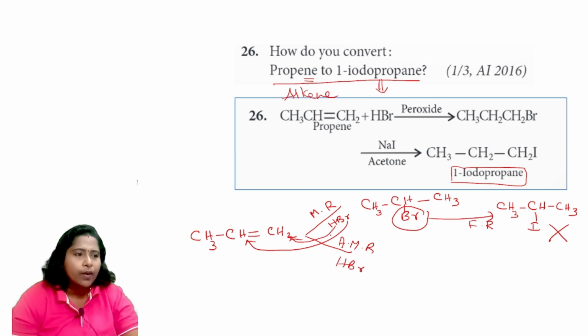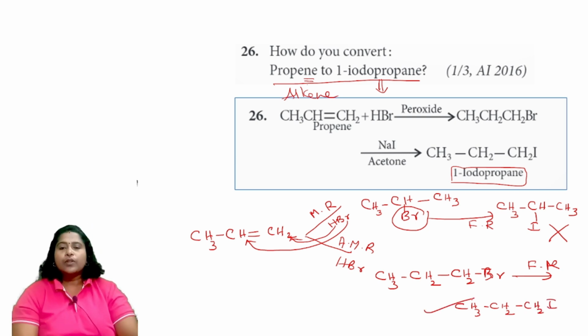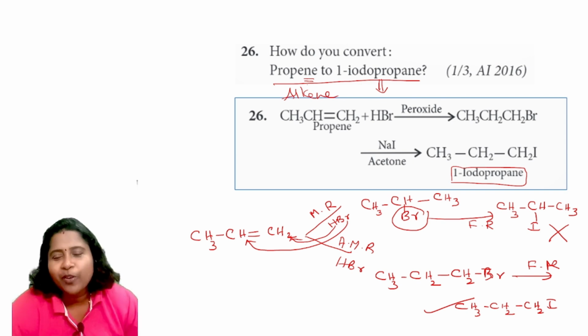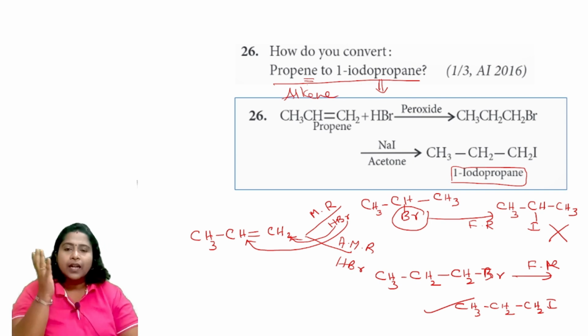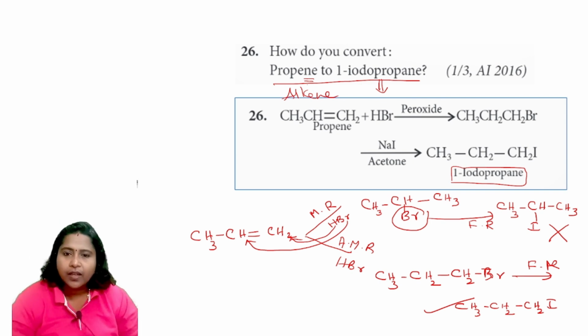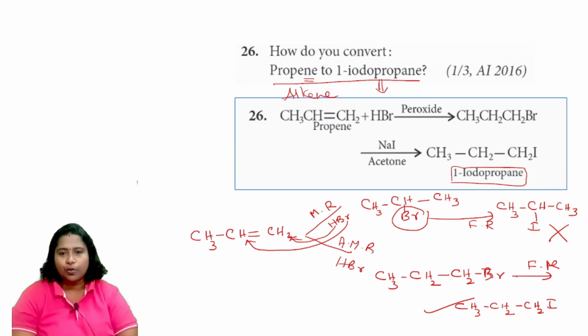CH3, CH2, CH2, with Br added first, and after using the Finkelstein reaction, the product is CH3, CH2, CH2, iodine. This is what we want. That's the reason we use the peroxide method. Depending on the product they have asked for, we decide whether to use Markovnikov's rule or anti-Markovnikov's rule.